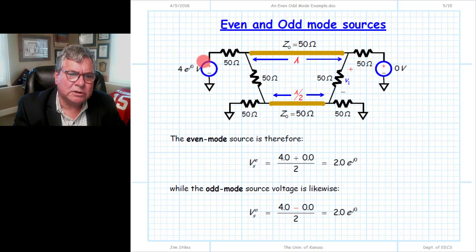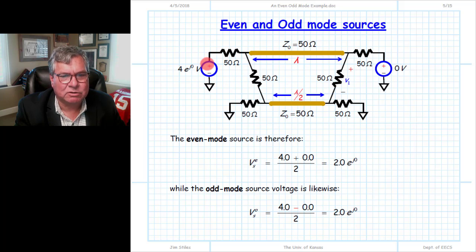So let's turn our voltage source back on to its original 4 volts, 4 e to the j0, a complex value with a magnitude of 4 and a relative phase of 0. Let's turn it back on, and of course this disrupts the symmetry of the circuit. Our plane of bilateral symmetry is right here.